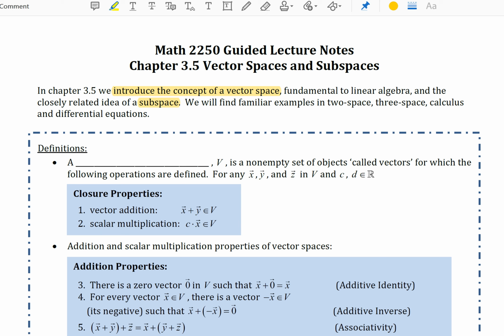We will find familiar examples in 2-space, 3-space, calculus, and differential equations. To get started, let's look at some definitions.